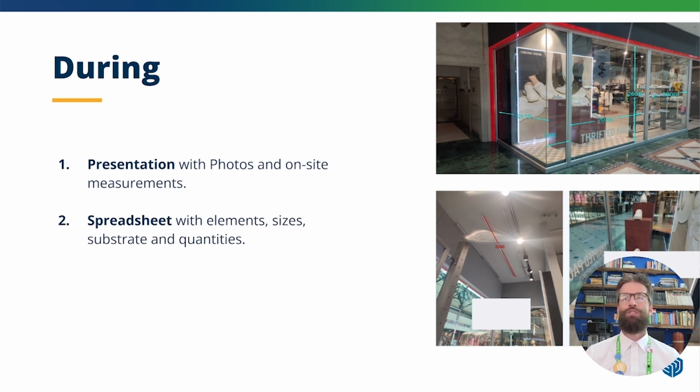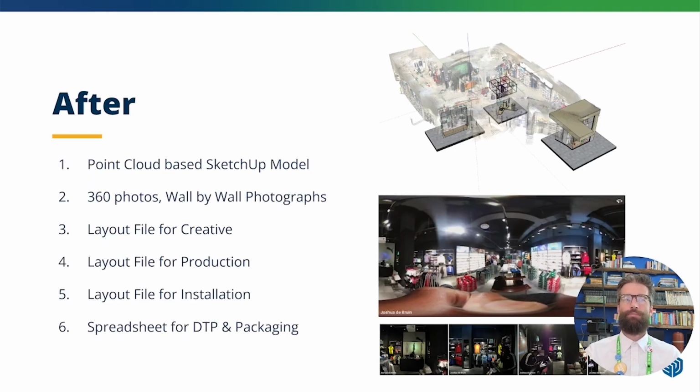And it showed all the dimensions of the windows, the lighting, the floor area that you could use for your activation element, for your campaign. And then the spreadsheet backed that all up with all the element sizes, substrate, and quantities listed so that you could manufacture.